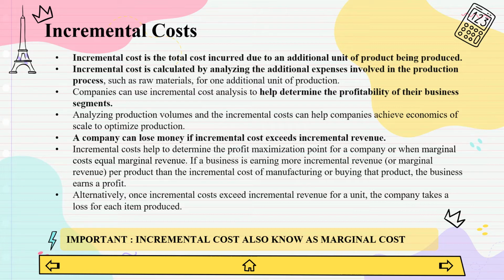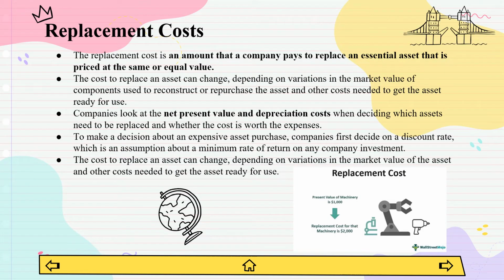Alternatively, once incremental cost exceeds incremental revenue for a unit, the company takes a loss for each item produced. Important: incremental cost is also known as marginal cost.